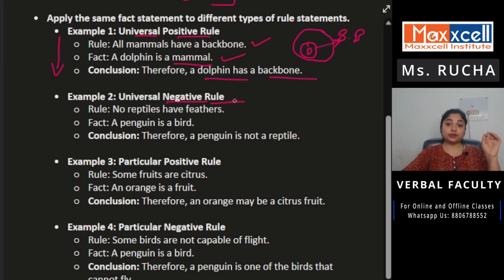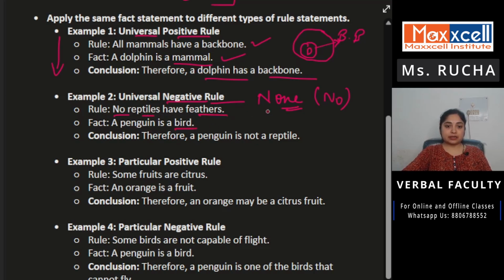Now let us talk about another type of rule statement, which is the universal negative rule. When we are saying universal negative, we are talking about none, right? The word none or no should come to your mind. No reptiles have feathers. We are saying no reptiles have, none of them have feathers. A penguin is a bird, right?